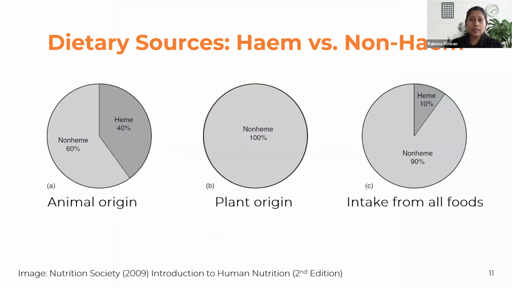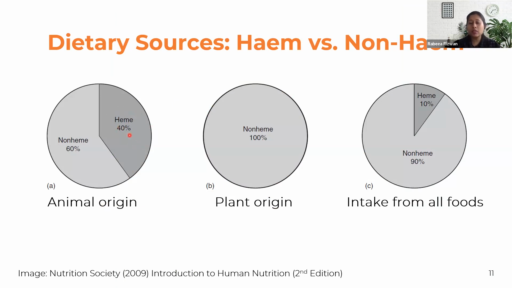Now, another thing is coming. This picture shows that we are taking iron from different origins, animal and plant origins. So is there any difference, or are both types of iron the same? Sort of. Animal origin, like meat and poultry, carries 40% heme iron.